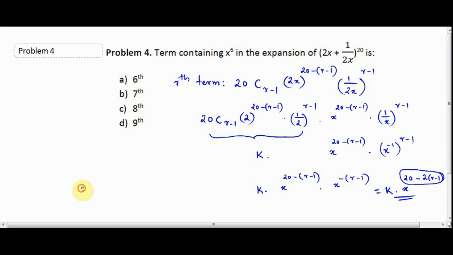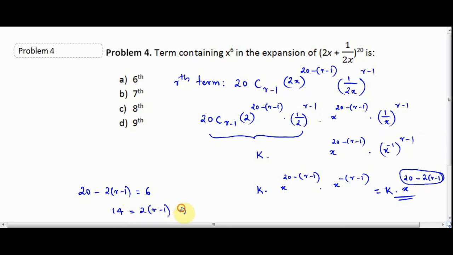Using that condition we can find the r value. If 20 minus 2(r minus 1) has to become equal to 6, take this term to the right hand side and the 6 to the left hand side. We get 14 on the left hand side, 14 equal to 2 into (r minus 1).